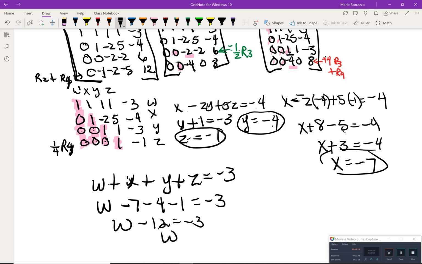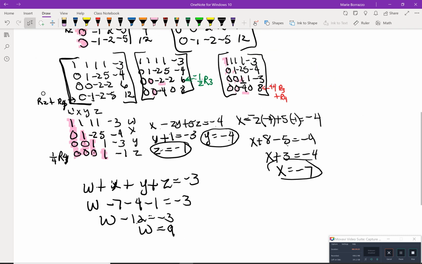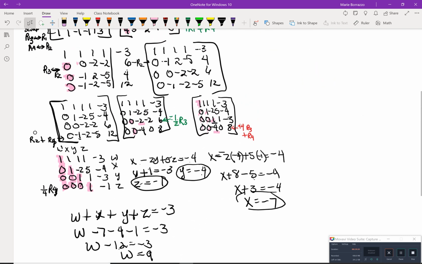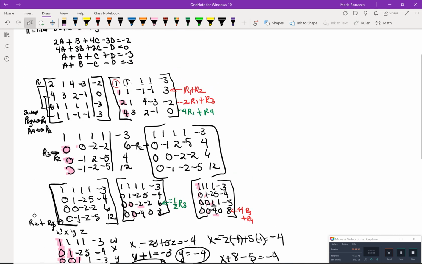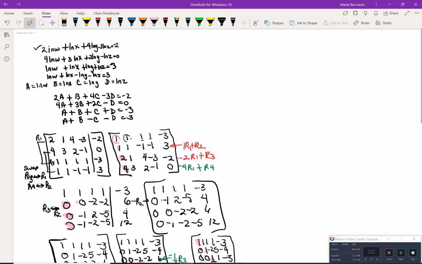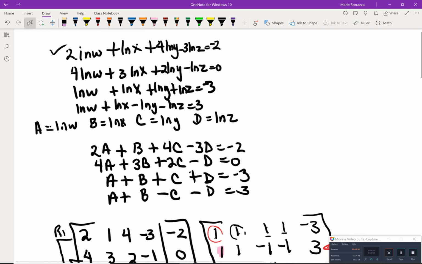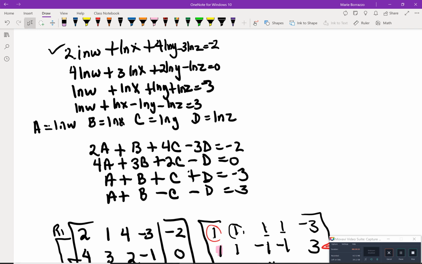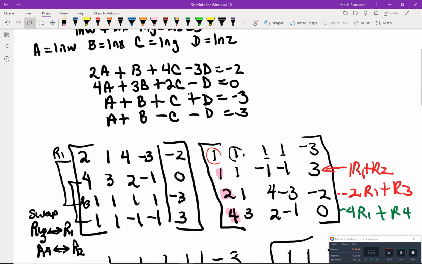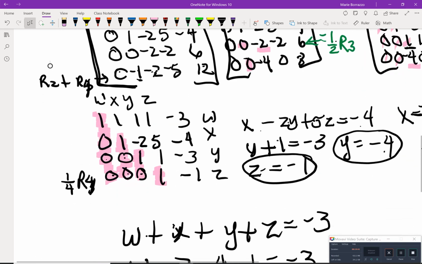And if I add the 12 to both sides, my W equals 9. Now, we have those values. Here's what you need to remember. If we go back to the original equation, remember that A is natural log W, B is natural log X, C is natural log Y, D is natural log Z. We just solved for W, X, Y, Z.